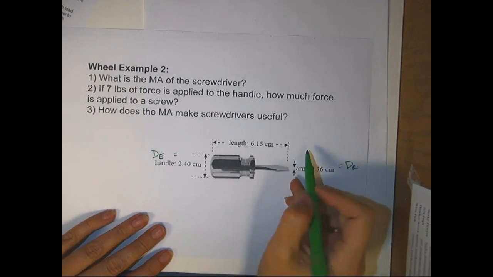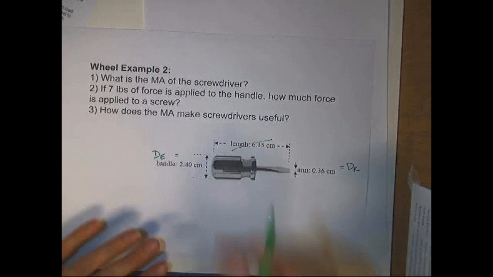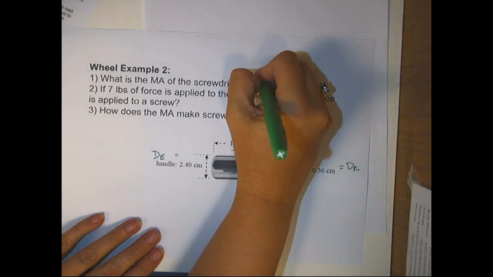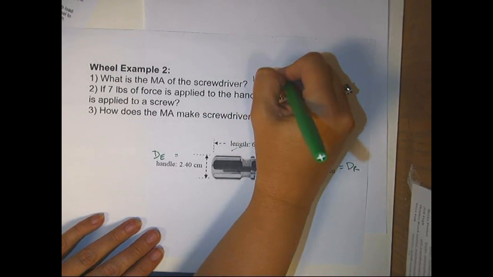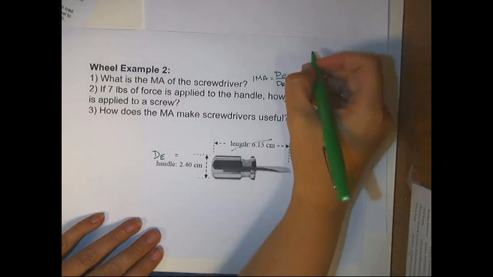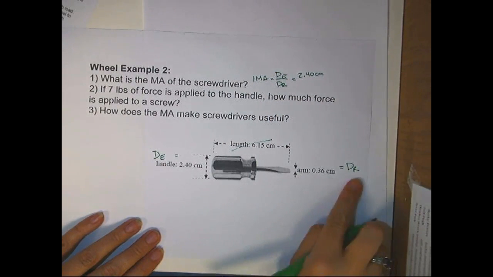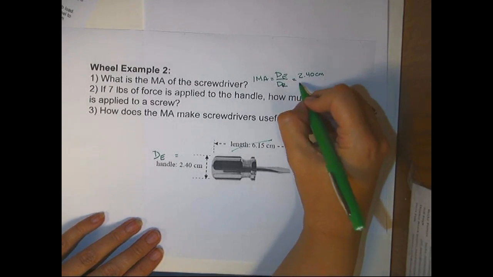Do I even need this length? No, the length doesn't even come into it. So we're going to use IMA equals DE over DR. DE is 2.4 centimeters. DR is 0.36 centimeters.